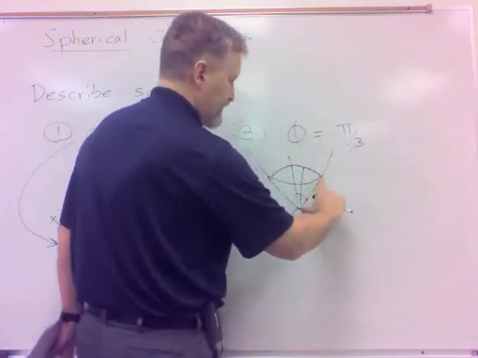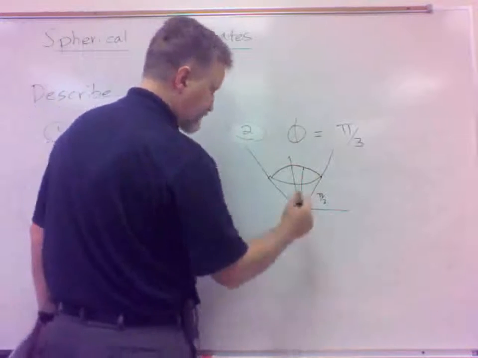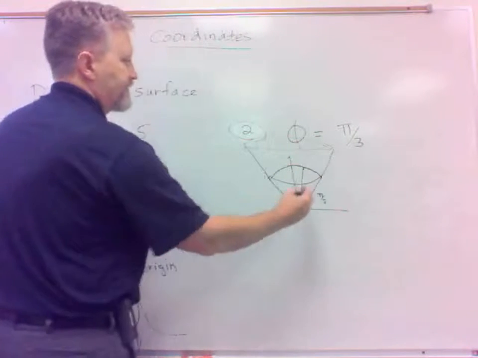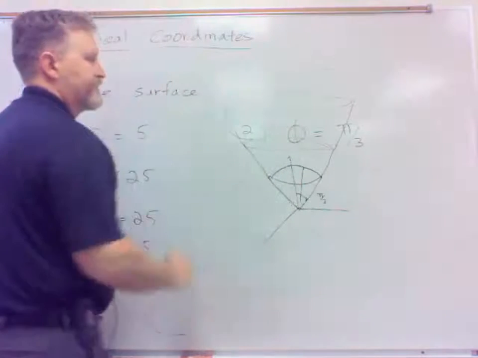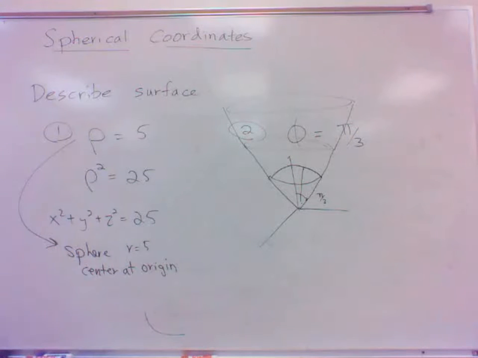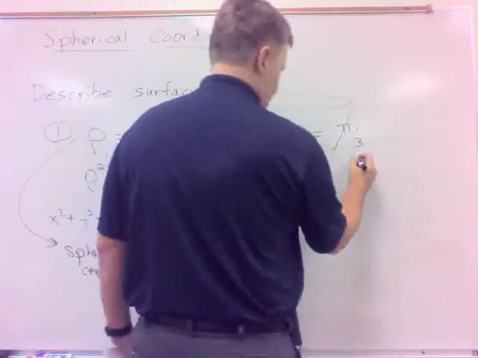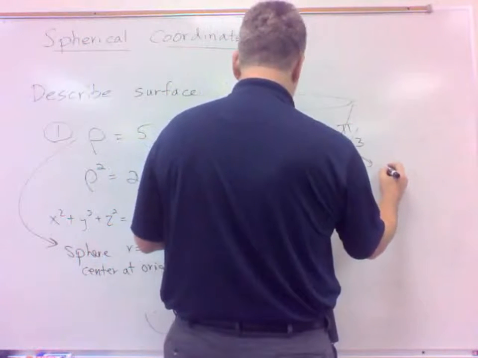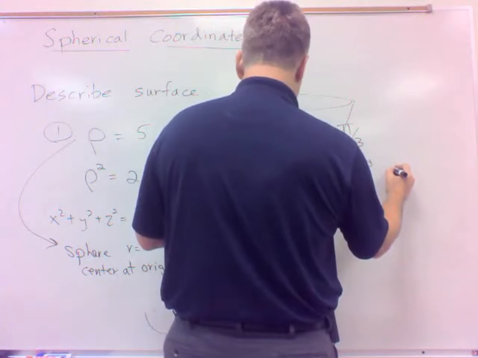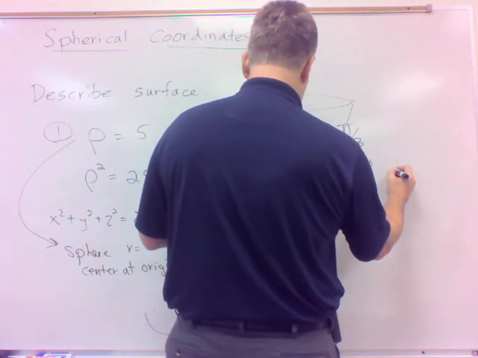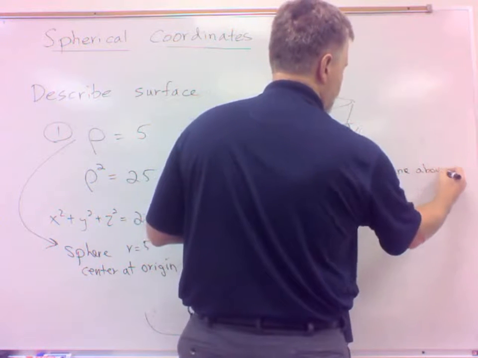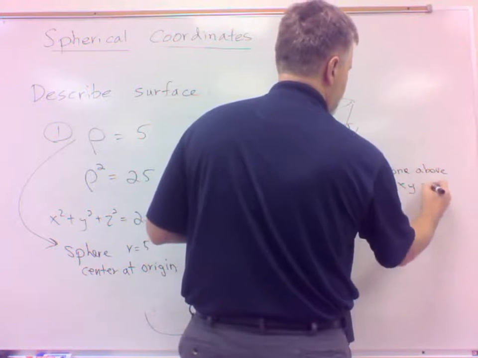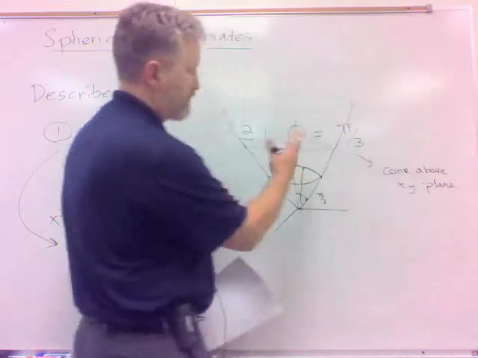It doesn't necessarily have to be that long, and so you just get a nice cone shape going infinitely out there. So phi equals pi over 3 is the cone above the xy plane, with the angle being pi over 3.